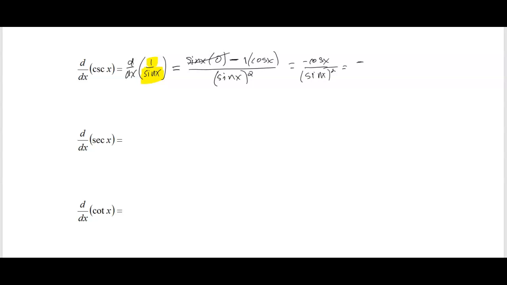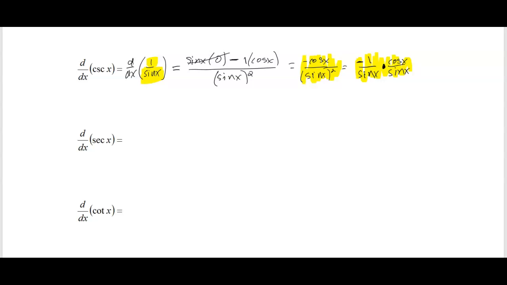To get to the simplified version, I'm going to have you do a negative 1 over sine of x multiplied by that cosine of x over the other sine of x. So hopefully we can see that if we were to multiply these together to simplify this, it would give us this negative cosine of x times sine squared. They're equivalent, just written a little bit differently.